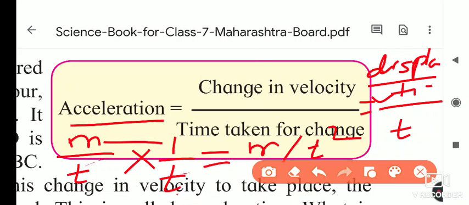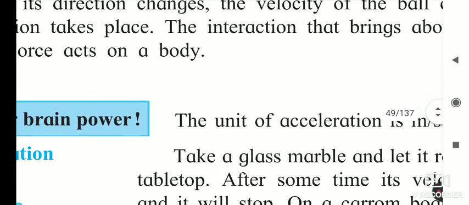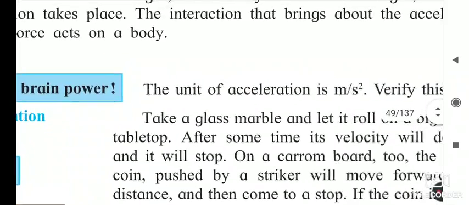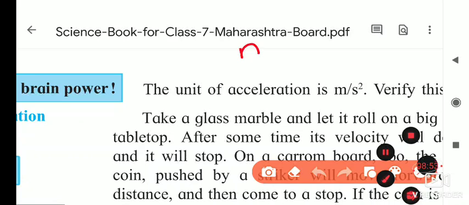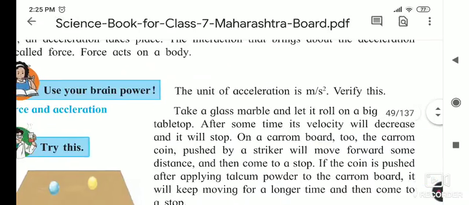So what is the unit of acceleration? The acceleration's unit is meter per time squared. In this way we deduce the formula. Time we measure in seconds, so here we have to take second squared.